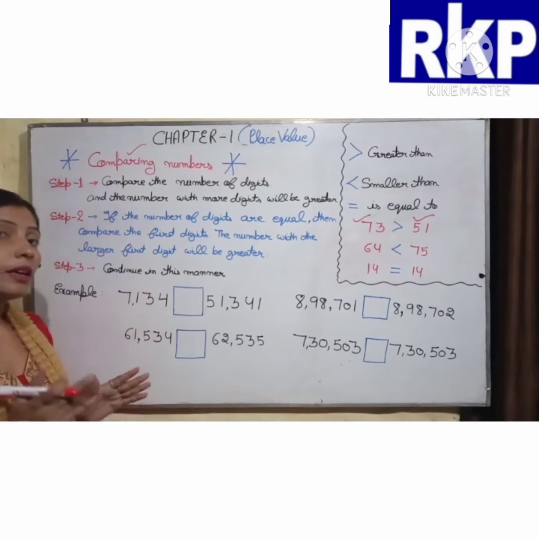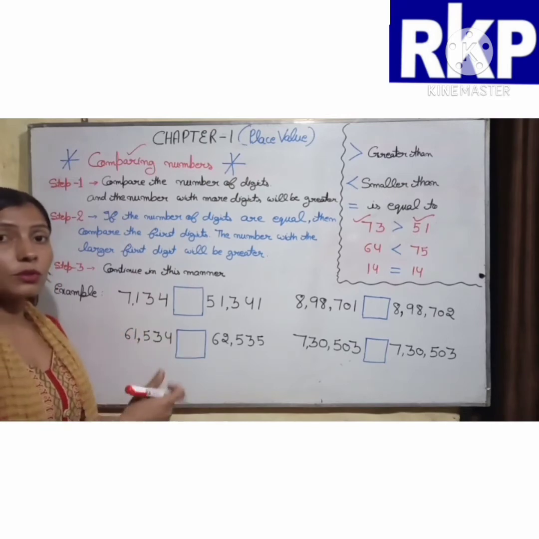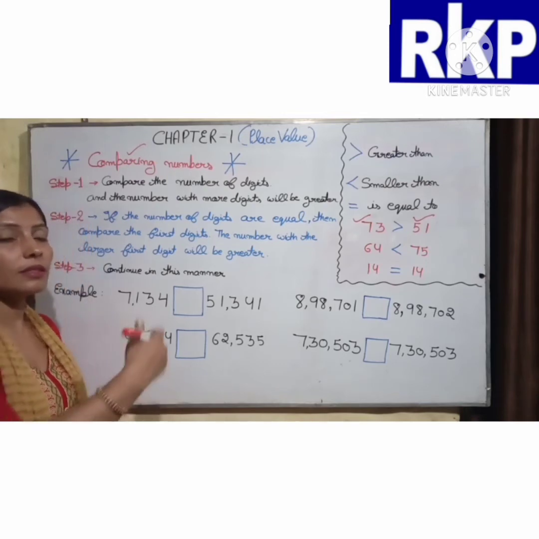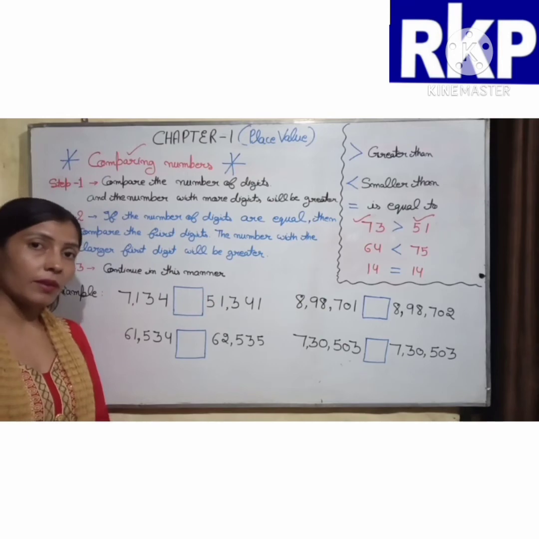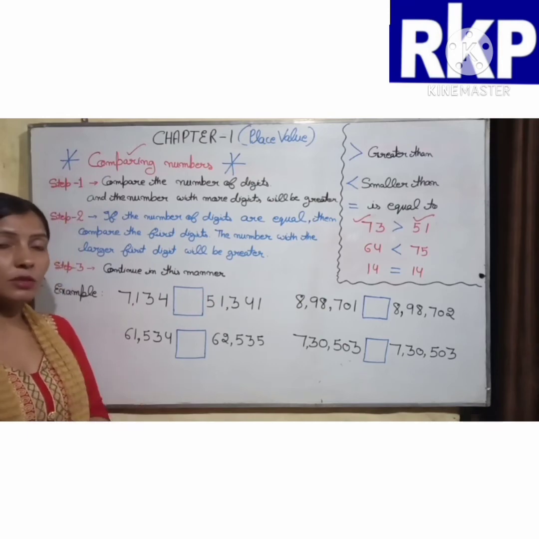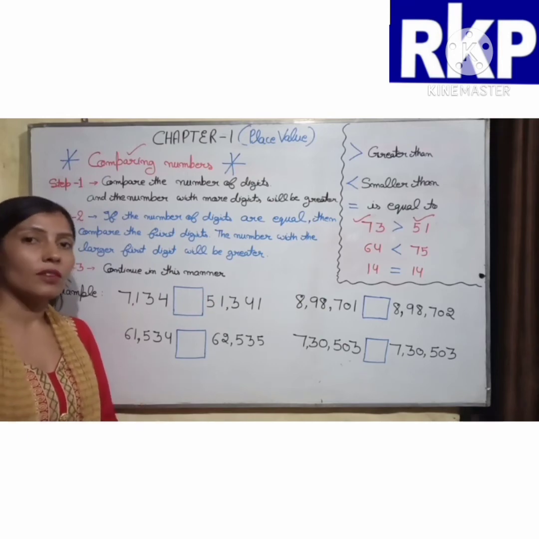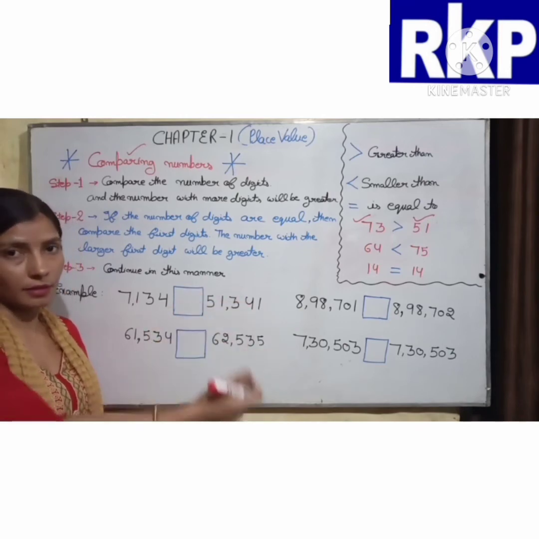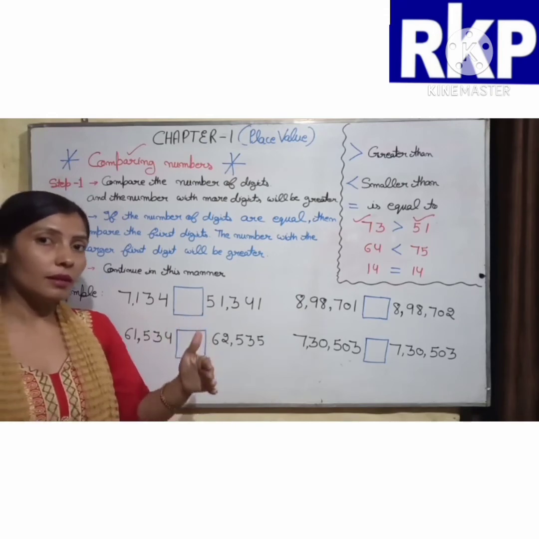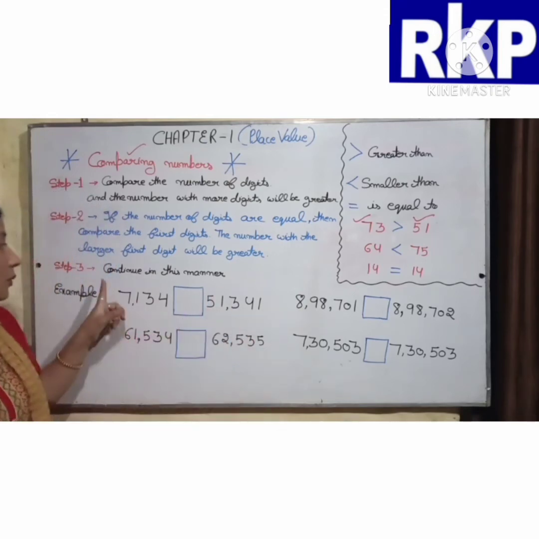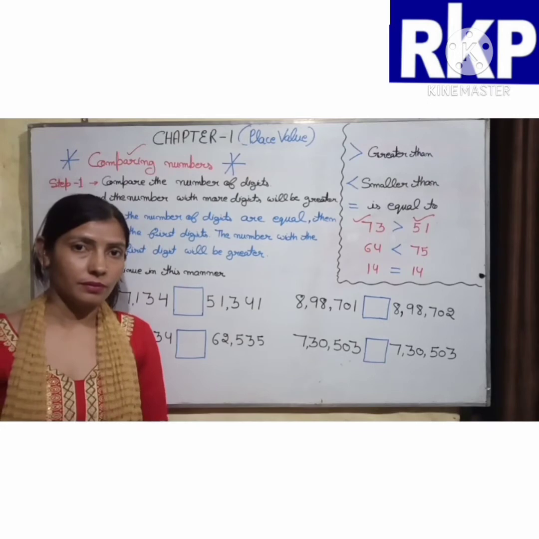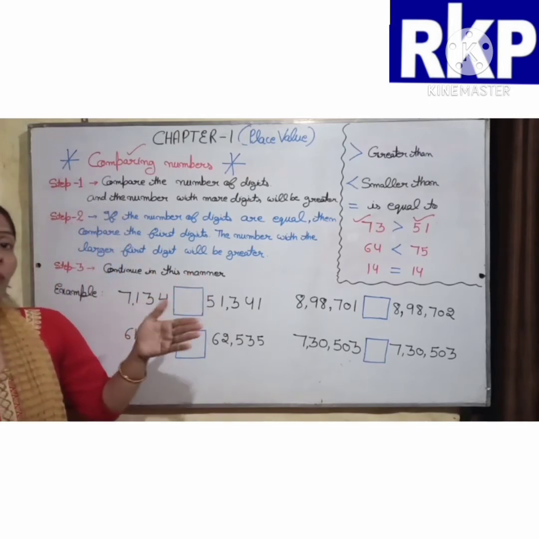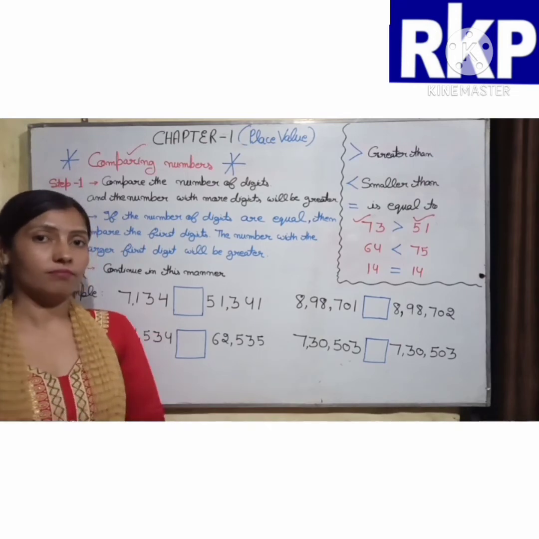And if the first digit is also the same, then we have to compare the second digits. And if second digits are also the same, then we have to check the next digit, means third digits. Like this we have to continue in this manner, till we find different digits.